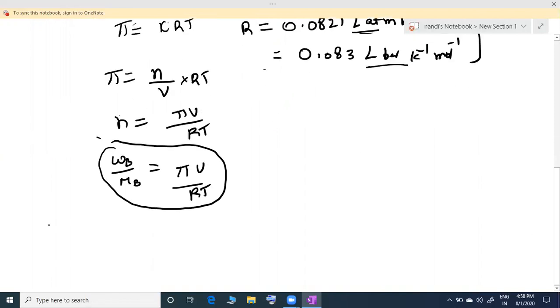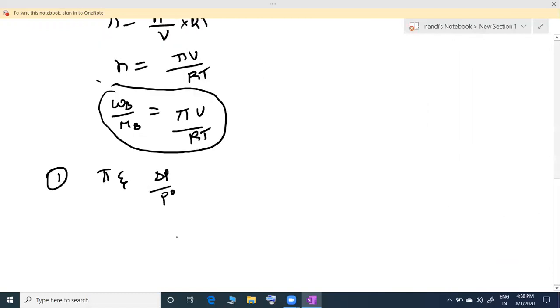For example, first case, relation between pi and relative lowering of vapor pressure, that is delta P by P naught. We know the formula, P naught minus PS by P naught equals WB by MB into MA by WA.